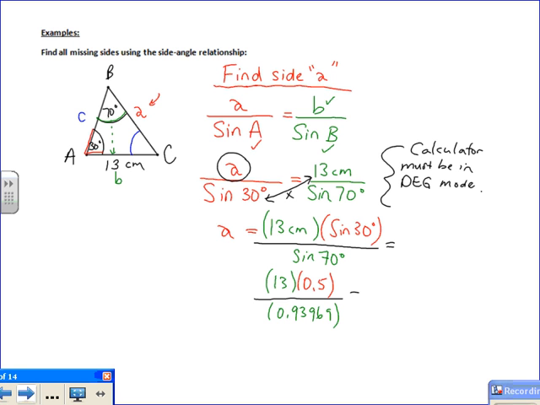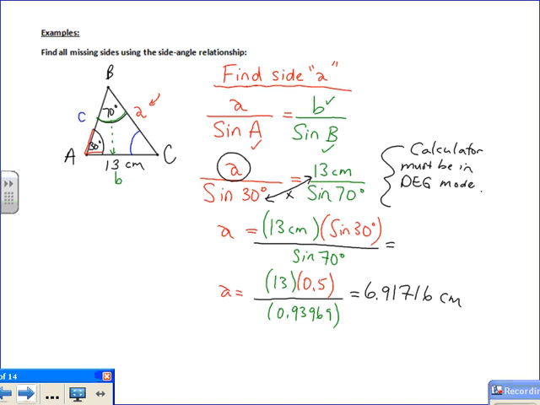And so we get a value of 6.91716. I was looking for A, which is a side length, so that's going to be in centimeters. And there is my value for the side A.